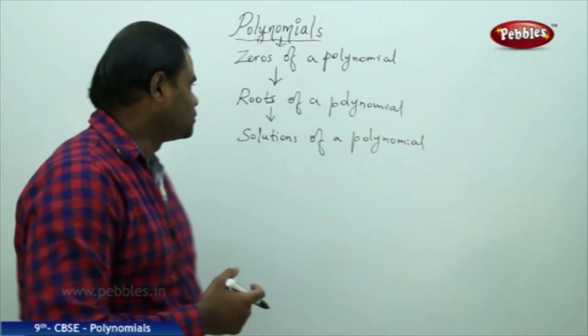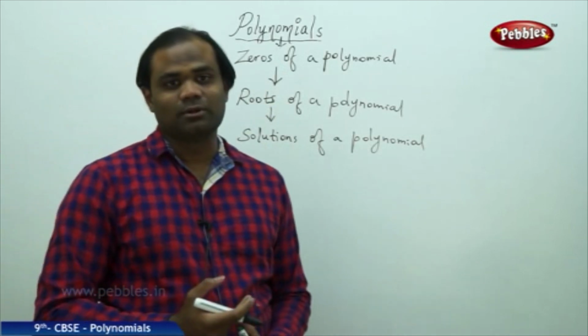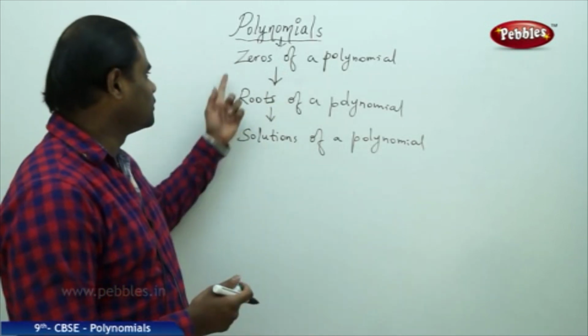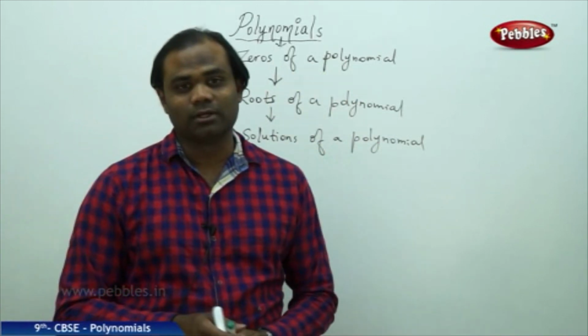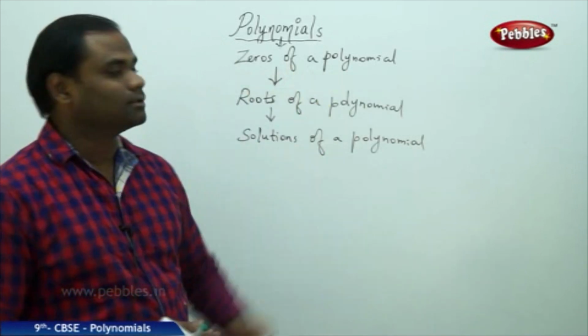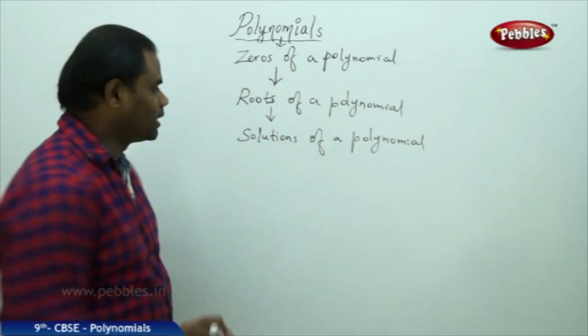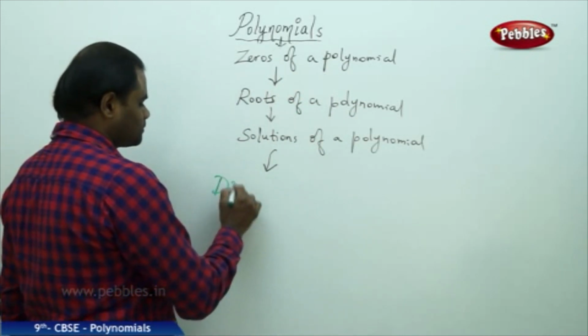These are the different ways through which we understand the zeros. If I want to find the roots of the polynomial, it is indirectly finding the zeros of the polynomial. If I want to find the solution of a polynomial or solve the polynomial, it is indirectly finding the zeros of the polynomial. It's how I understand the different terminologies used.